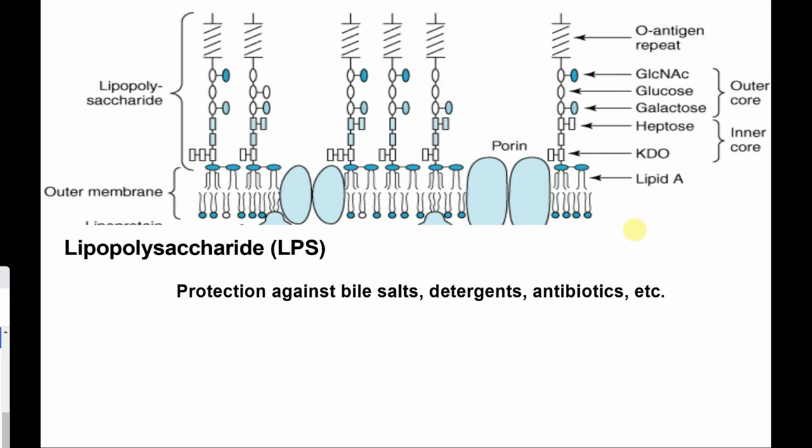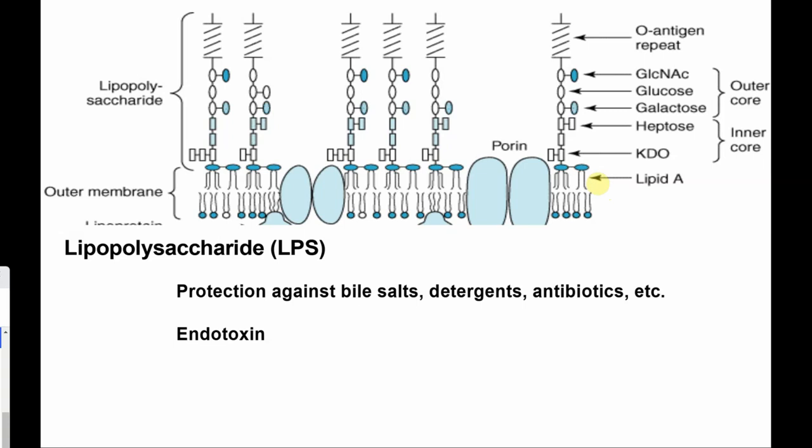Now, because the lipid A is such a highly conserved molecule present in all gram-negatives, we have receptors in our innate immune system that can recognize the lipid A part of LPS. And if these receptors are activated, then they cause inflammation.